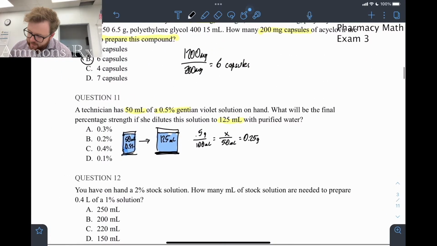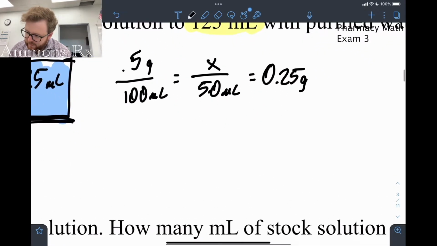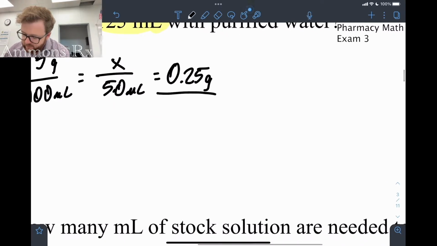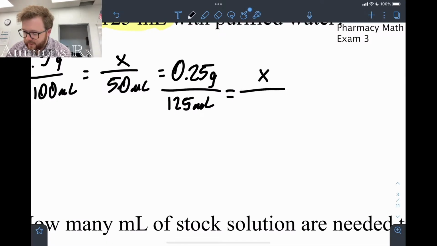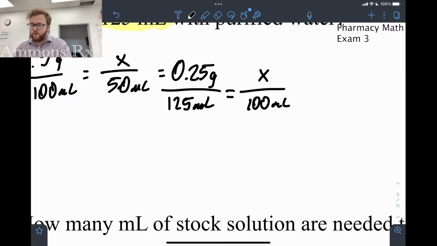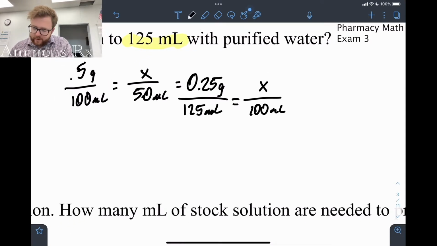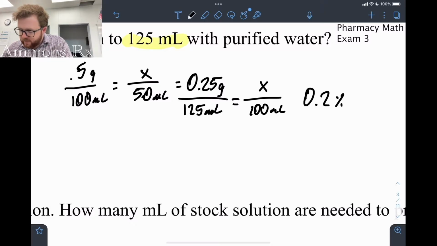So it's going to be percent strength in that 125 mils. So it's going to be 0.25 over 125, because that's the final volume, is equal to x over 100 mils. So when you're trying to solve percent strength, you always look for x over 100 mils. 0.25 times 100 divided by 125, that is 0.2%.